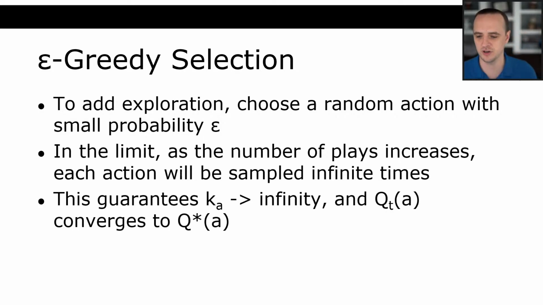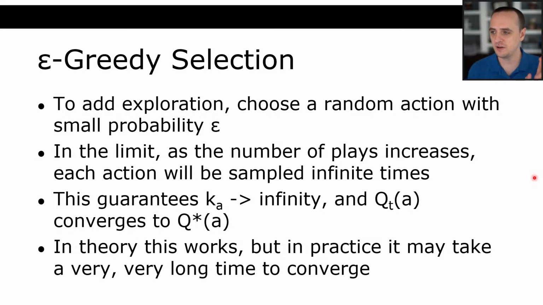So this is going to guarantee that as K_a, which is the number of times you've chosen an action, goes to infinity, Q_t of A, which is your estimate of the value of A, converges to the actual value of A.